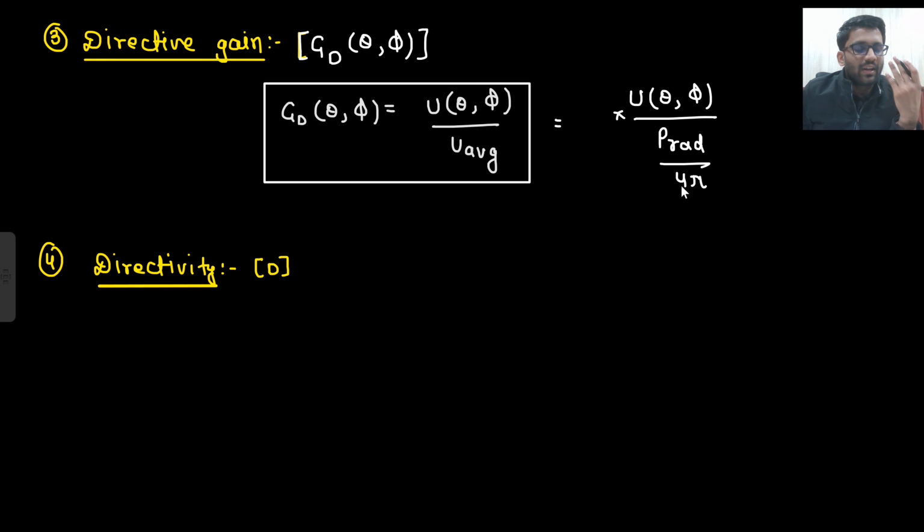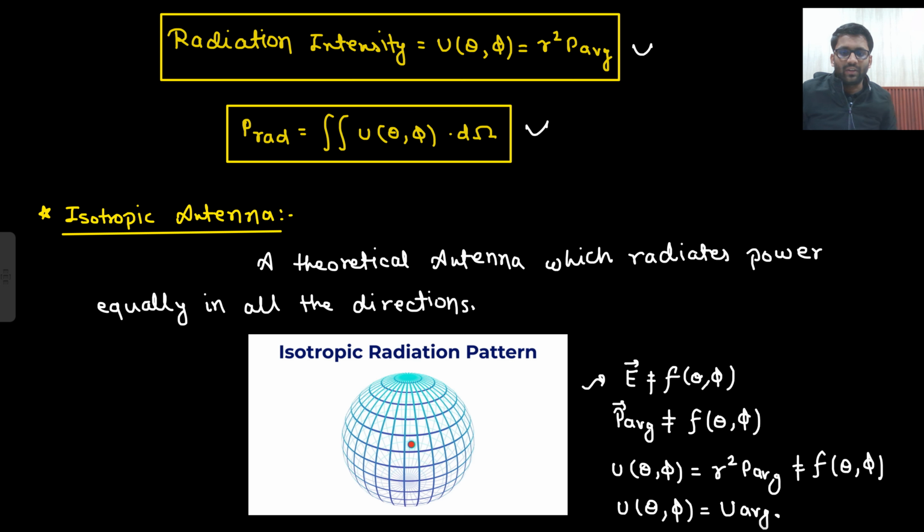If I ask you for a Hertzian dipole antenna, what is your average radiation intensity? You will say, sir, it is P radiated upon 4 pi. You will not say that, sir, U average is defined only for an isotropic antenna. No. For an isotropic antenna, U(theta, phi) and U average are both the same. I will write it down here.